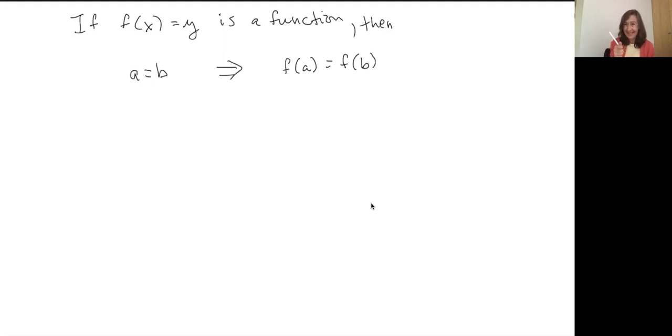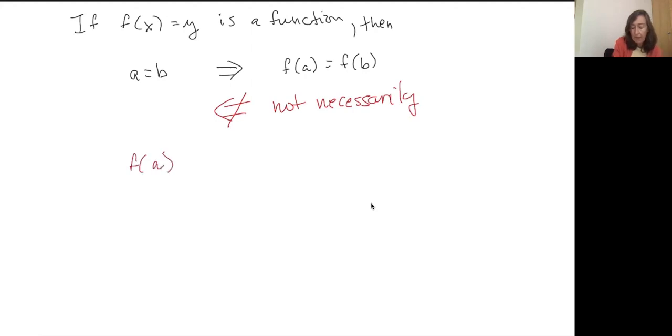But don't get too excited here, because it doesn't necessarily work in reverse. You can't necessarily go the other way. If you start with f of a equal to f of b, that does not necessarily mean that a equals b. And that example of the area of a square shows how this reverse implication doesn't work.